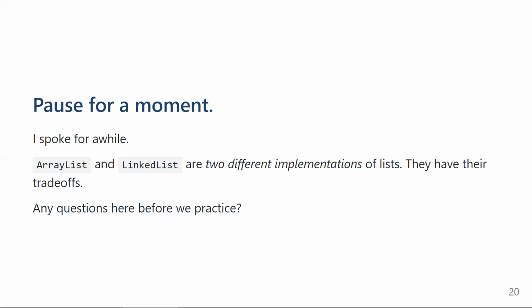And then we also looked at accessing elements, right? Doing that get method. In an array list, the get method is constant time, very fast, very quick. And in a linked list, it's a little bit more annoying because you have to walk through that list, and it's linear time.